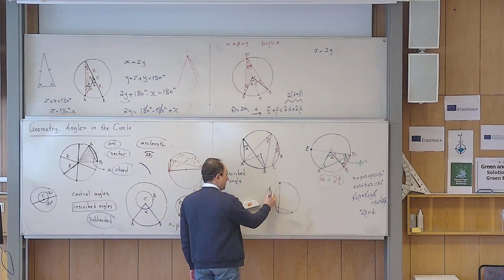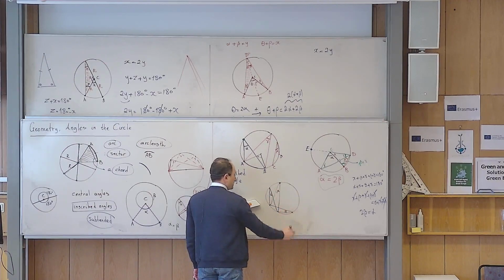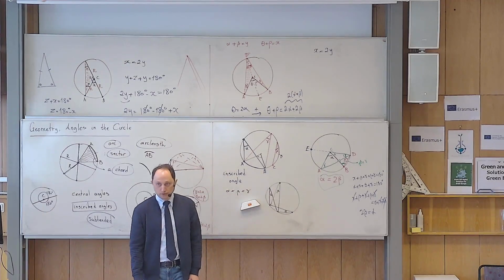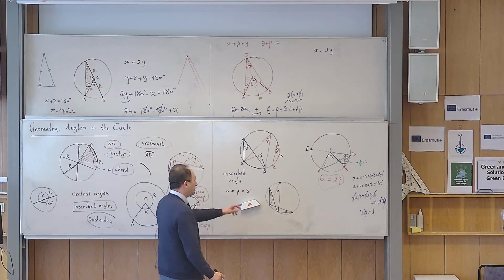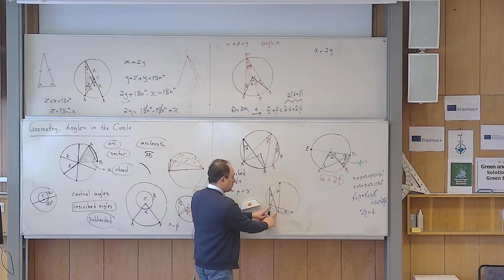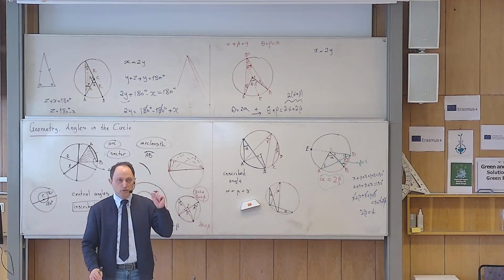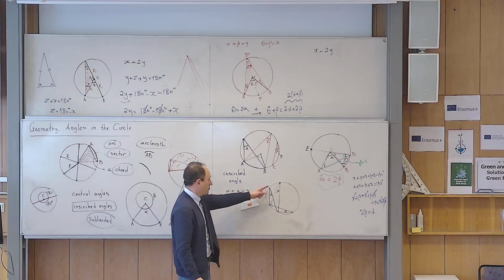If this angle is alpha, this angle is beta, this angle is gamma, what can I say about alpha, beta, and gamma? They are equal. Okay? Because all of them are inscribed opposite to the same arc. If that is the case, the sizes are the same.